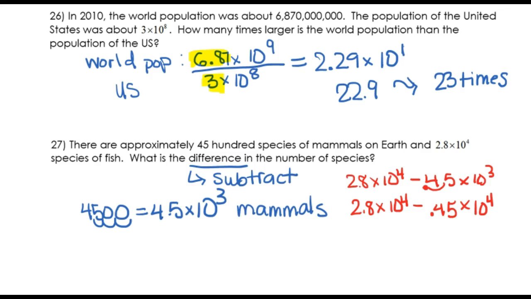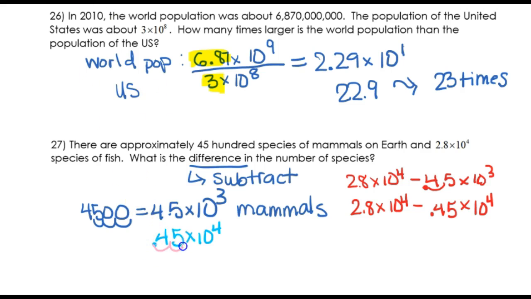Now let me just do a breakout of why I'm doing this. We know that 4.5 times 10 to the 3rd is 4,500. So if I take, and I'm going to write this backwards just so that it matches, 0.45 times 10 to the 4th, I'm going to take this decimal place and move it 4 places.